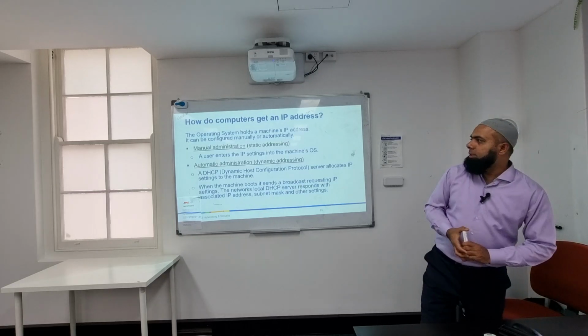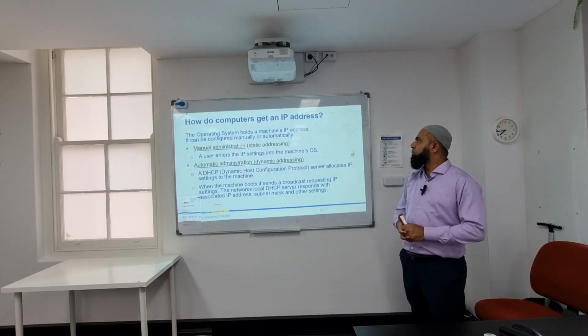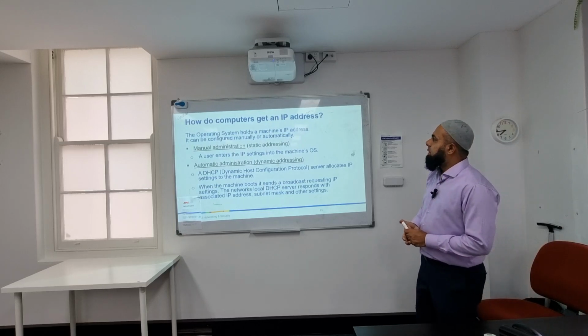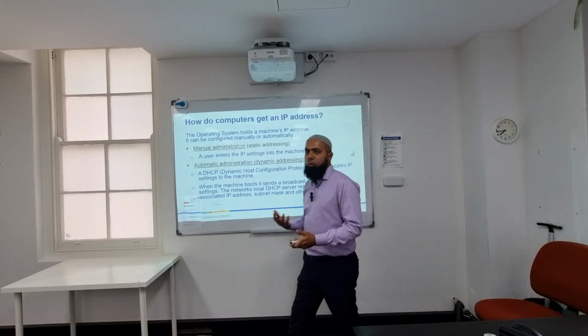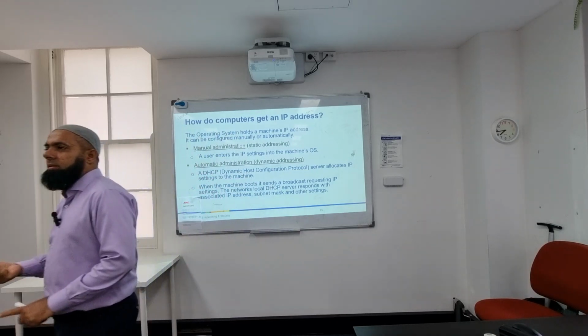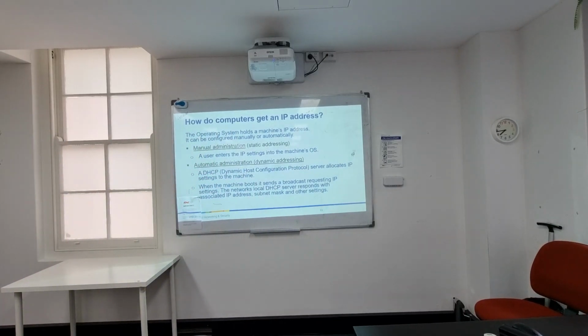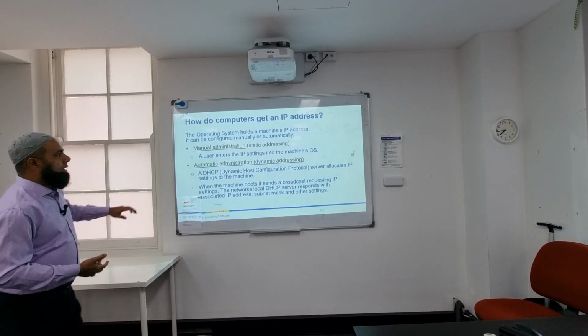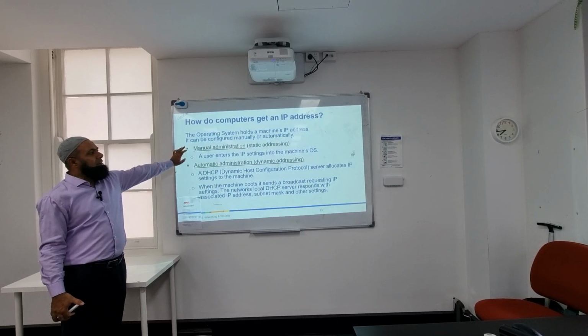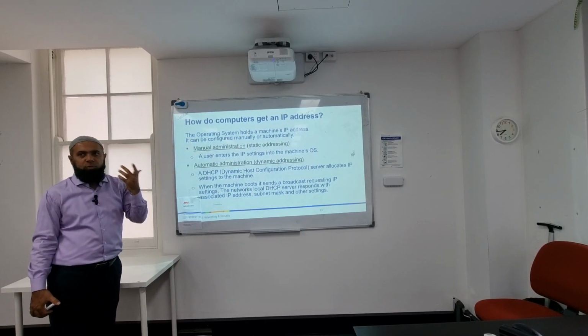Now coming to the next point: how do computers get an IP address? With whatever operating system we are using, Linux, Windows, Mac, every machine holds an IP address. It can be configured manually or automatically. Both ways are possible.